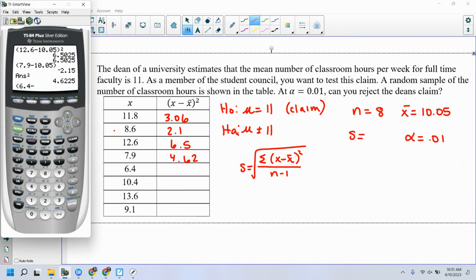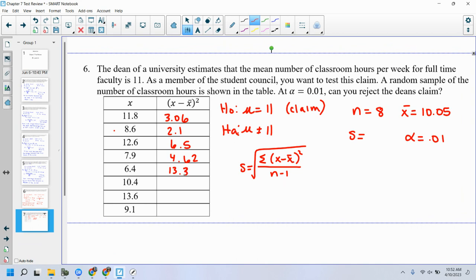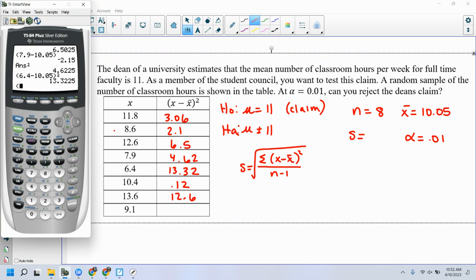Oh, I did 13.6, but I'll do that. Squared. 13.32. What's 10.4? 0.12. What's 13.6? 12.6. I'll do 9.1.